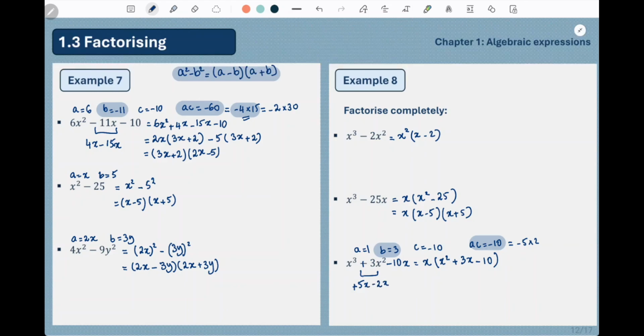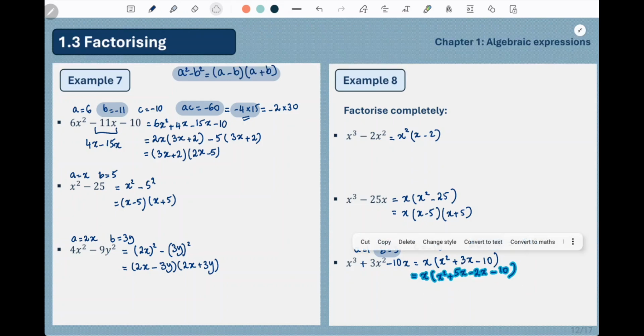Indeed, the 3x over here gives you 5x minus 2x. Okay. x squared plus 5x minus 2x minus 10. Just have it up here.